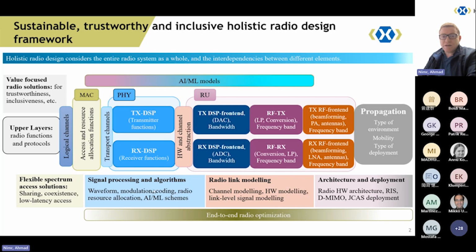Then we have a wide range of work on signal processing and algorithms corresponding to PHY and resource allocation. The 4th category is flexible spectrum access, which covers aspects related to sharing and low latency access. On top of this, we consider some complementary solutions for trustworthiness and inclusiveness.